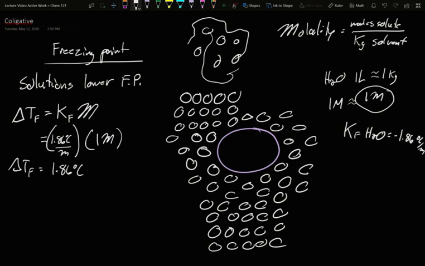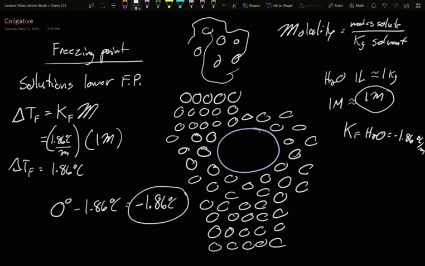Now, it goes down, so it is that much less than the original solution. Water is originally 0. It's going to lose 1.86 degrees Celsius for a new freezing point of negative 1.86 degrees Celsius. That 1 mole of a chemical in a kilogram of water will reduce the freezing point by approximately 1.8 degrees.